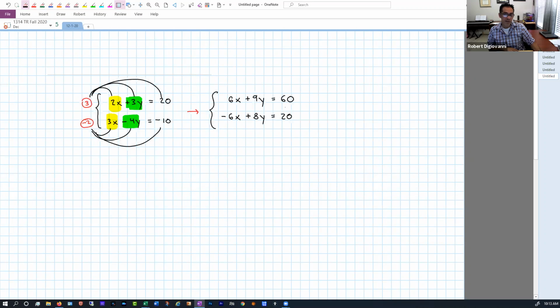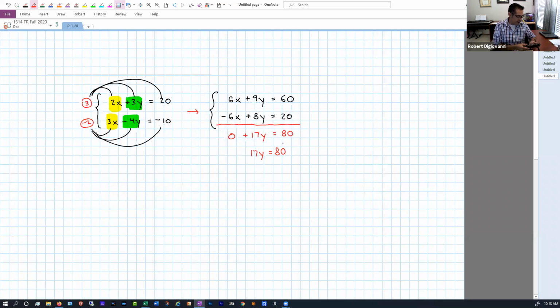Any questions there? Add straight down. 17y equals 80. 60 plus 20. So 17y equals 80. And see, this is what I told you, you're going to need your calculator.